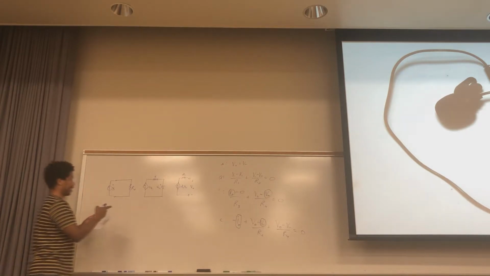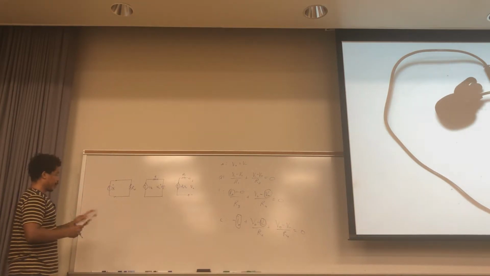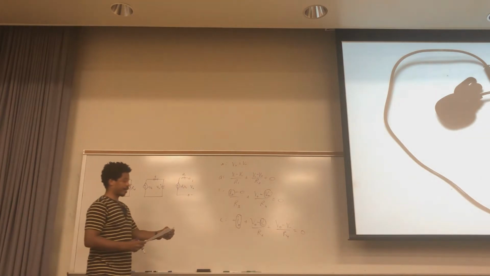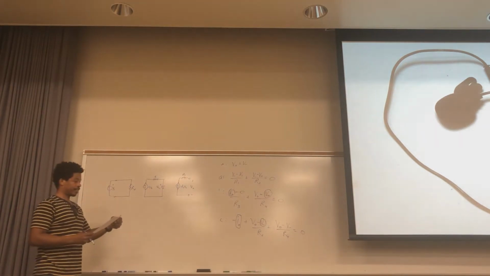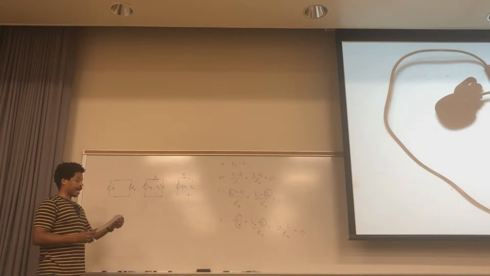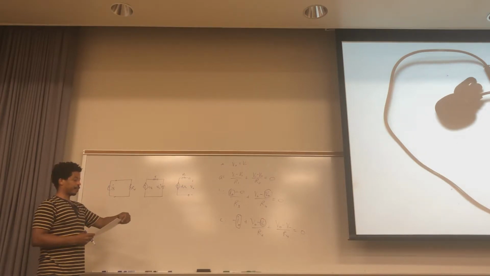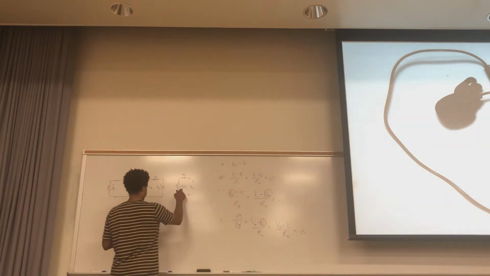Okay, so we had a system like this. We were given the value of the resistance, capacitance, and the time constant. And we're given the amplitude, the gain right here.